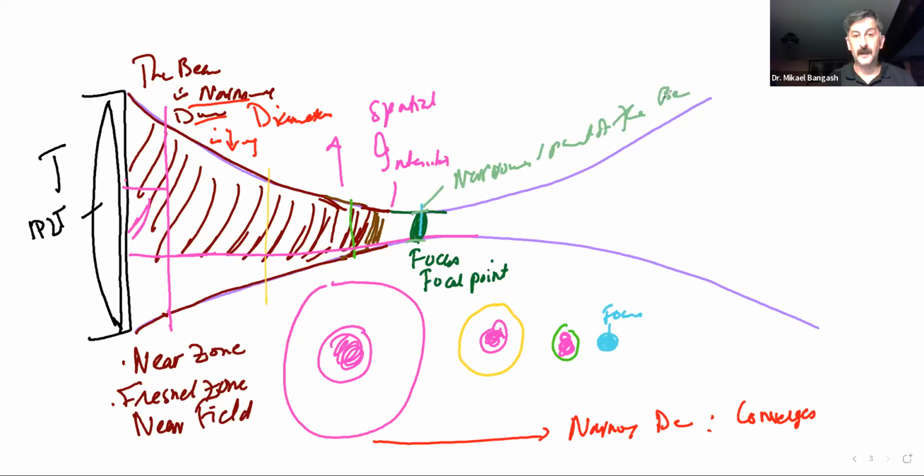Now, what does it mean to be at the narrowest point? That will mainly mean the smallest diameter. Or we also say that it's the point of the beam where the beam has the smallest area. Is that clear?